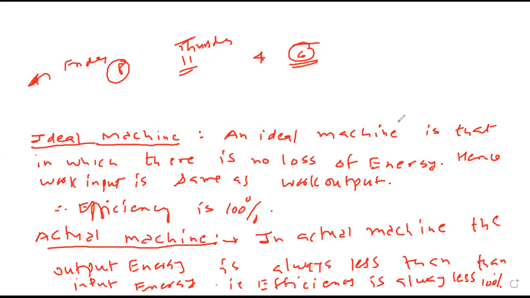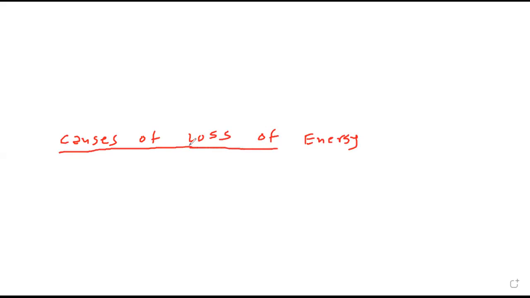Now, sometimes they can say, what are causes of loss of energy? Why output is not same as input? Suppose this is one weight and I tie it to a string which is 5 kg.